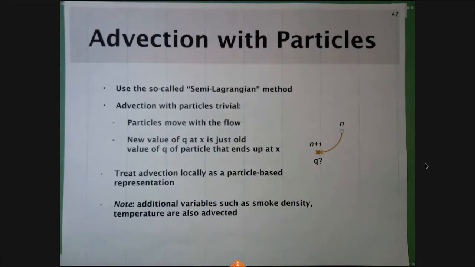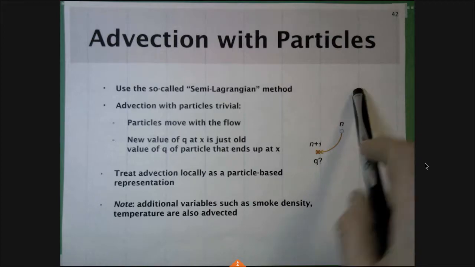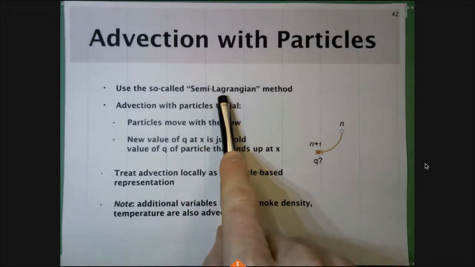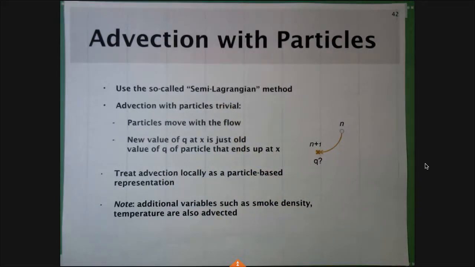All this lecture we are talking about Eulerian methods, okay? The observer is sitting at a fixed point in space. The idea of semi-Lagrangian advection is to, for a moment, look at the particles and trace them. For a moment, assume that we actually have particles there and use that as a concept to figure out the advection. So let me explain that.